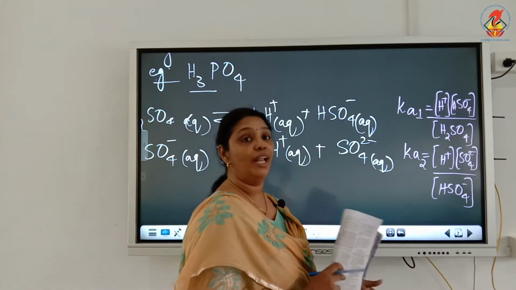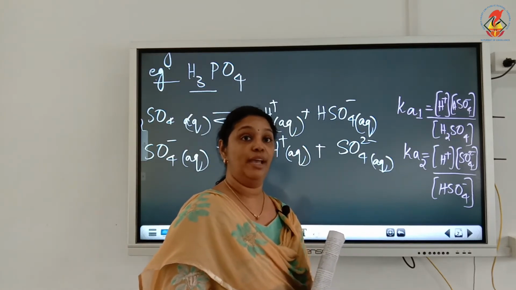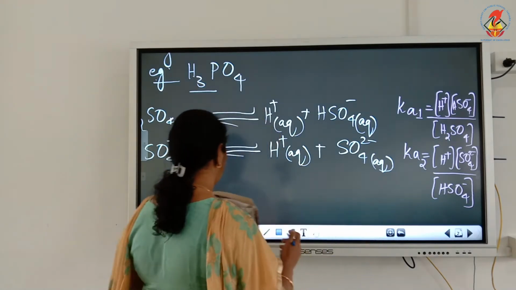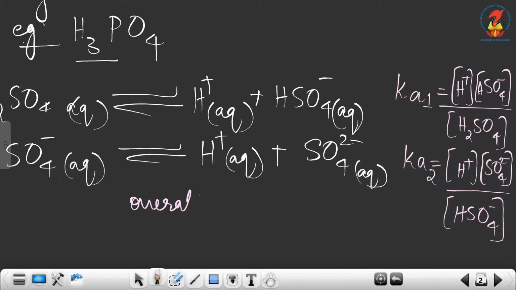Now, we will have a value for Ka1 and Ka2, and we can say the overall dissociation constant Ka will be the product of the first and second dissociation constant values.